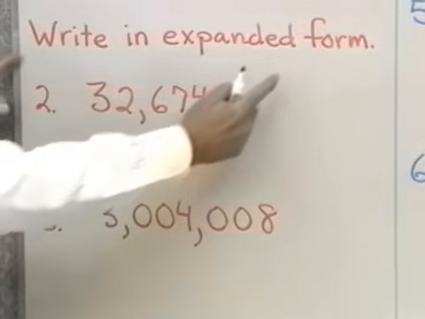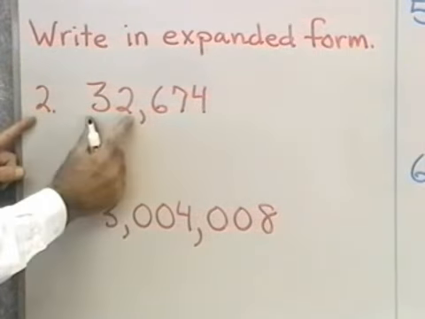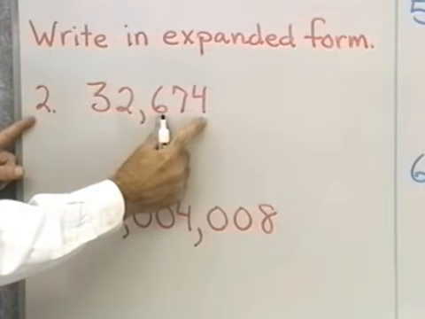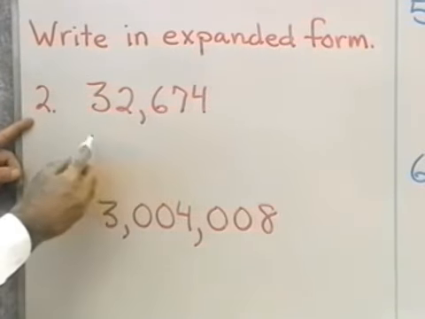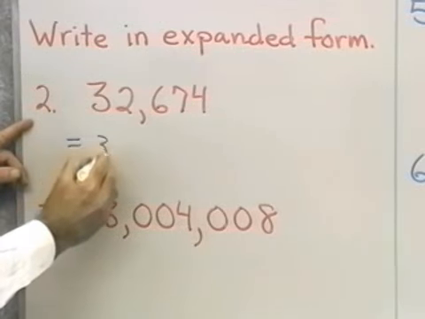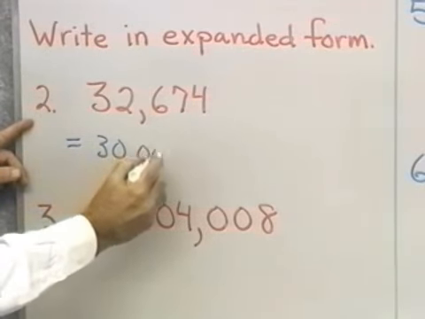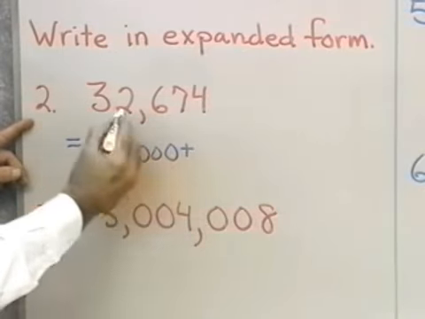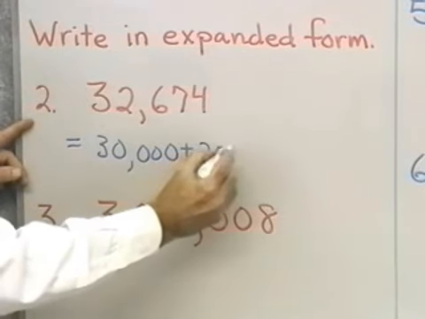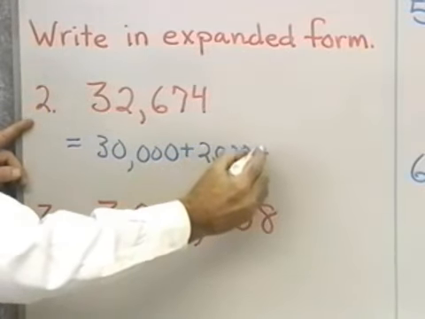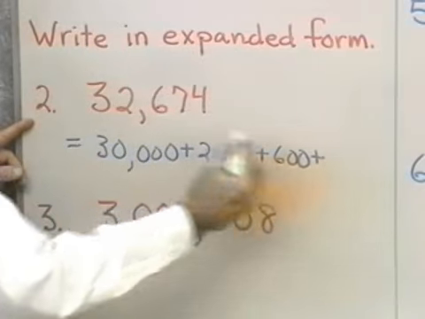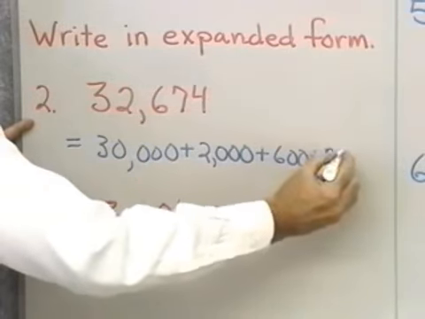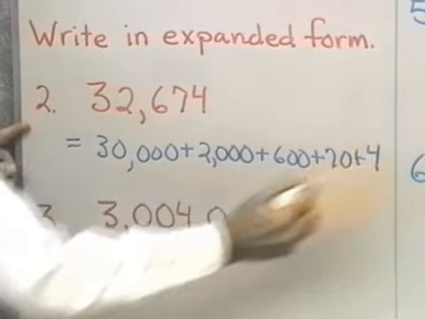I've written here, write in expanded form, and first I have the number 32,674. So I'm going to use that idea of place value to write this in expanded form this way. I have 30,000 plus 2,000 plus 600 plus 70 plus 4.